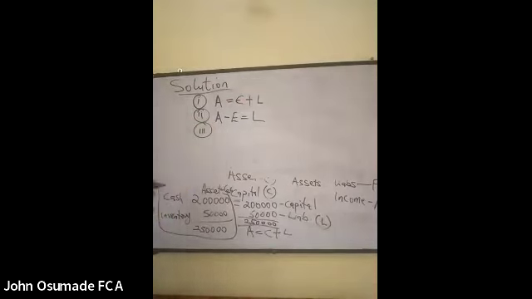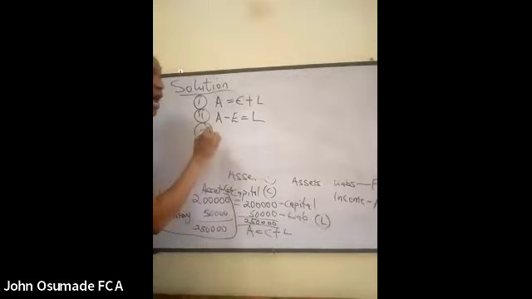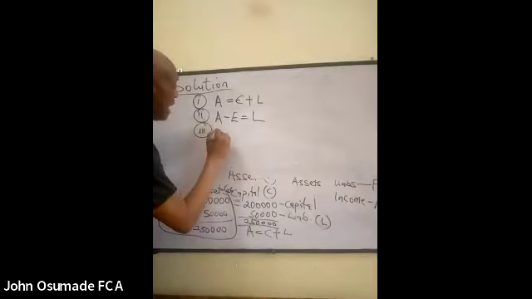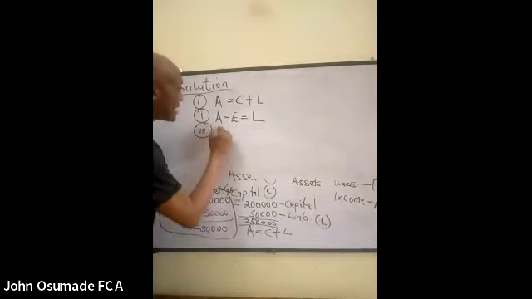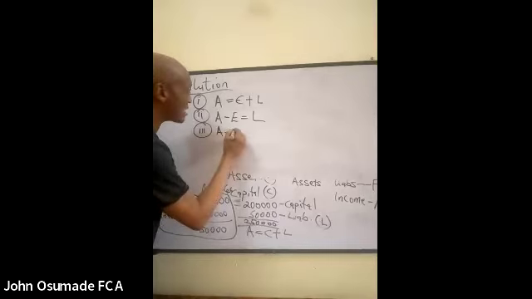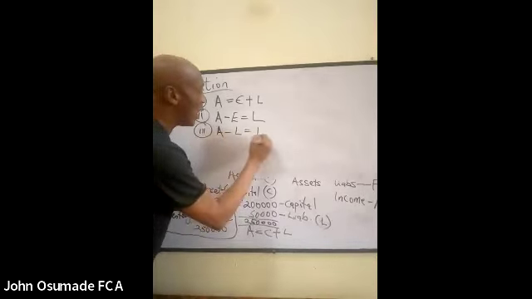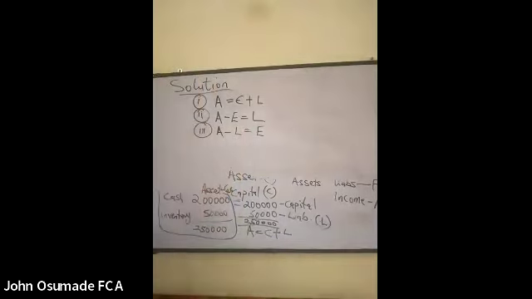Number 3, they said we should look for equity. Then equity will be assets minus liability equals equity. Now, what you do is just to slot in the figures. Now, we have equity, we have liability in equation 1.